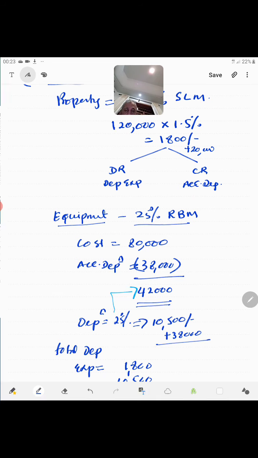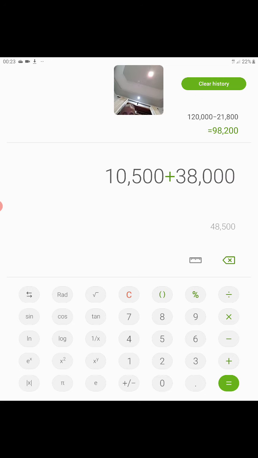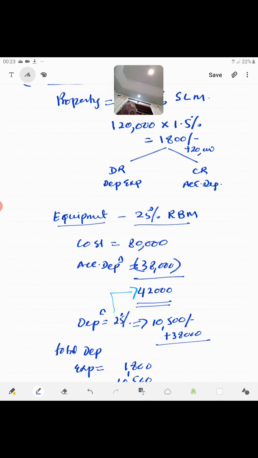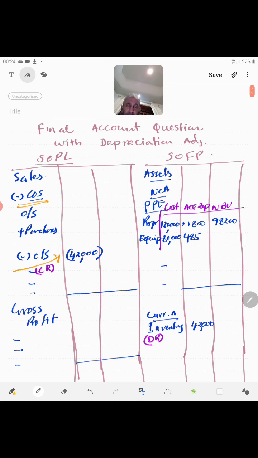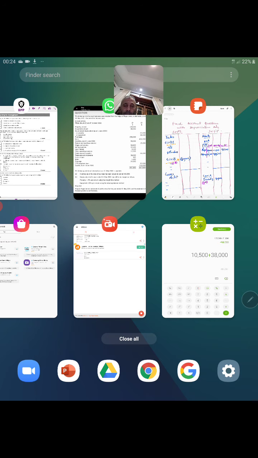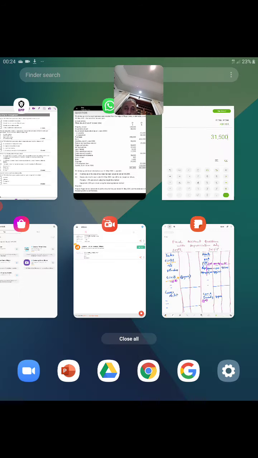So that is 10,500 plus 38,000, 48,500. Now what we do, we find out the difference: 80,000 minus 48,500, 31,500.